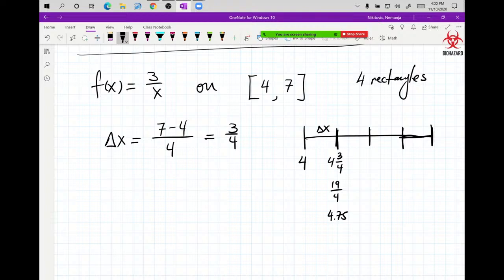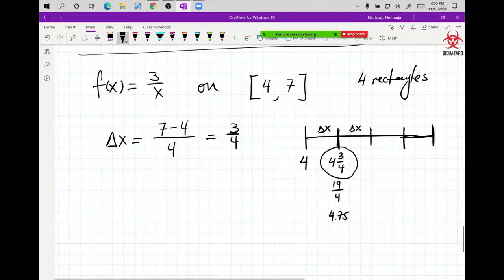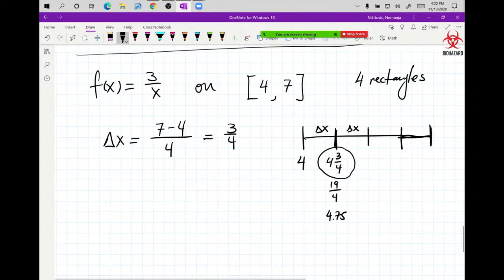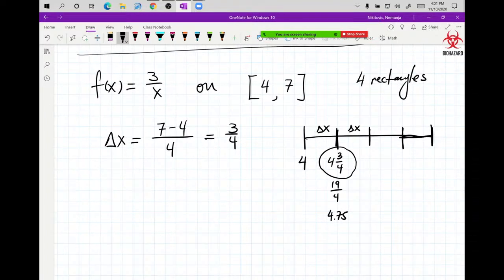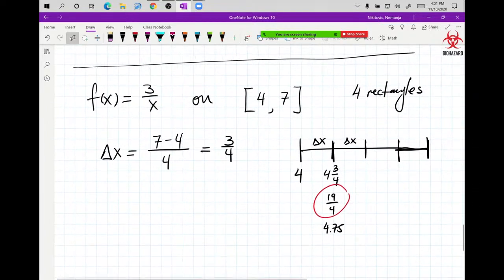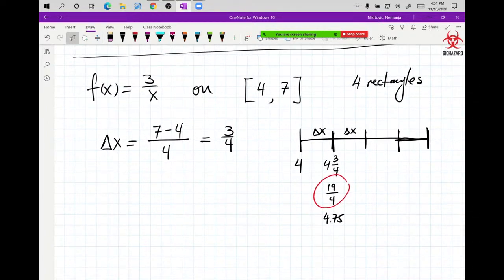Then you go to the next delta x, which means you are taking this and you are adding 3/4 to it. Again, I don't care which one of the four. Now, for computation purposes, because I don't use the calculator, I like this one, because that one gets me to compute fastest. But again, use whatever you want.